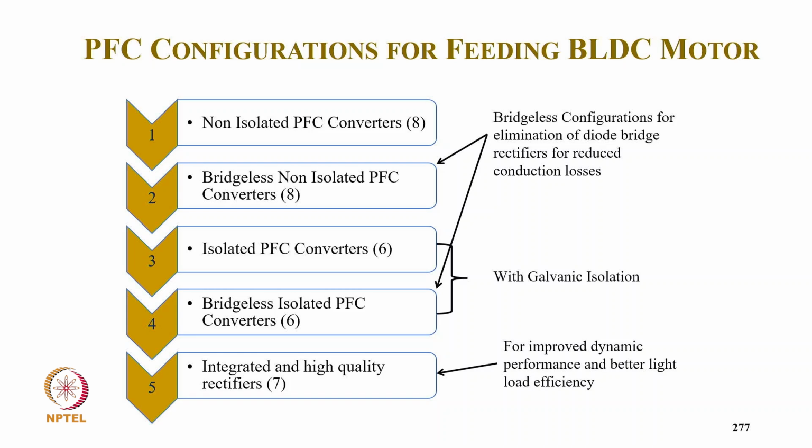So these first two, bridgeless non-isolated and bridgeless isolated. The bridgeless configuration is for elimination of the diode bridge rectifier for reduced conduction losses, and the isolated topology is for galvanic isolation, where we require to operate many equipment at low voltage, like a ceiling fan, and for improved dynamic response and better light load response.